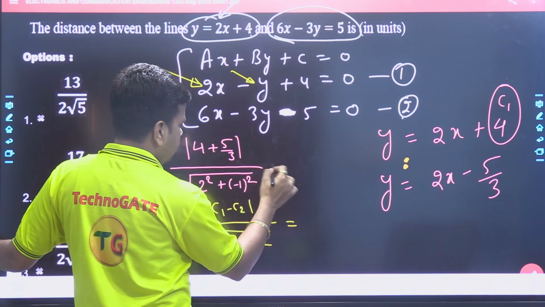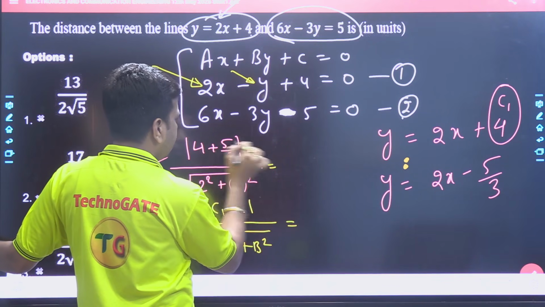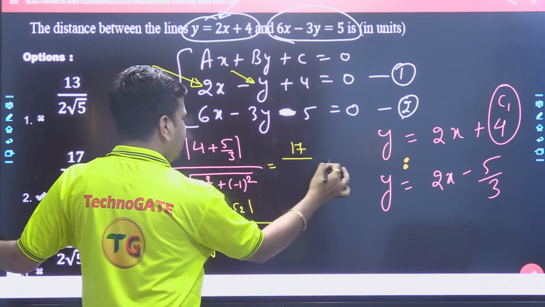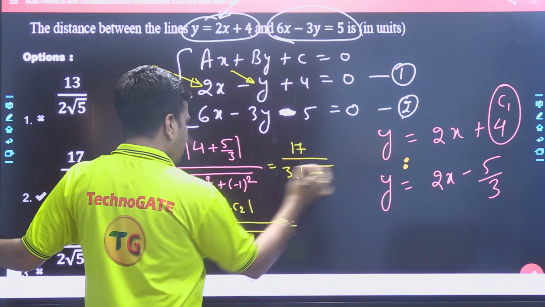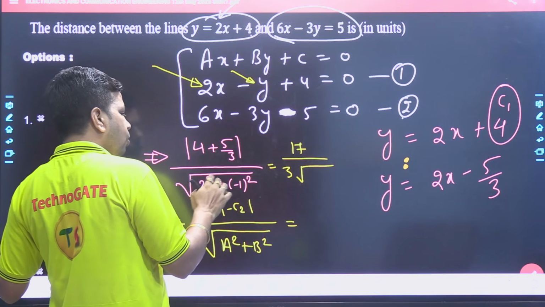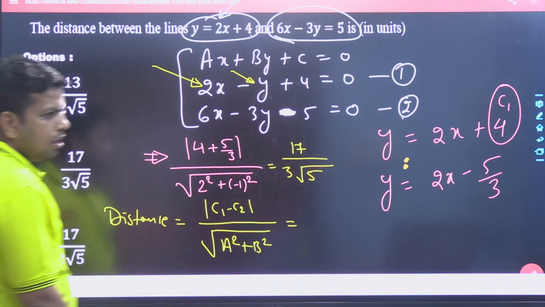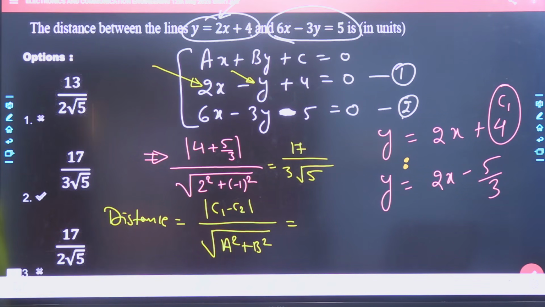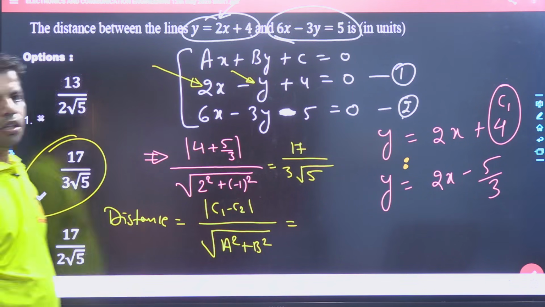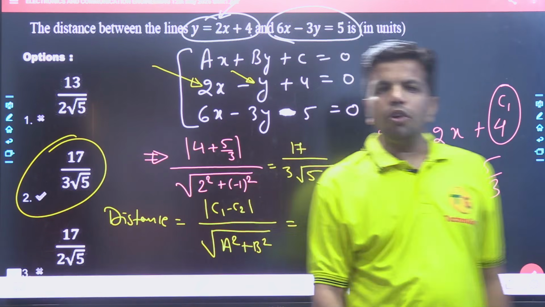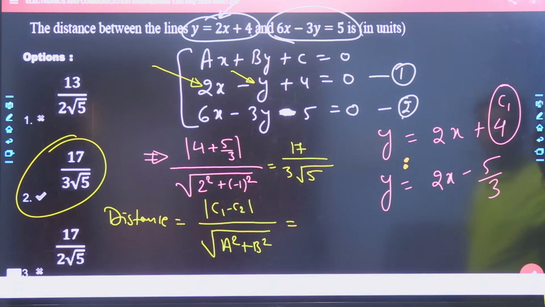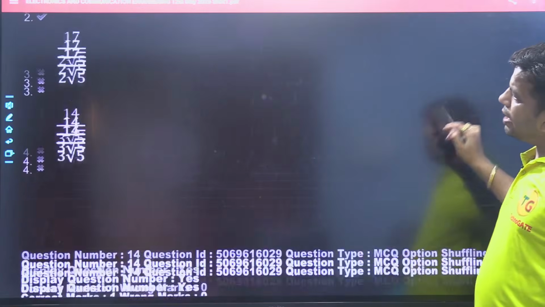So 17 by 3 square root of 4 plus 1, which is 5. We can go with this answer: 17 by 3 square root of 5. So the second option is your answer. Let's move to the next one.